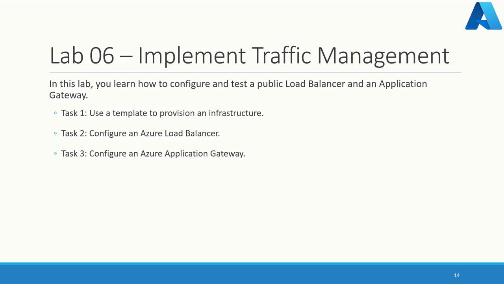For example, by now you should know how to create a virtual machine. By now you should know how to create a virtual network. You should know how to connect your virtual machine to the virtual network. You should know how to assign an IP address. And also, your virtual network has only one subnet by default, but you can add multiple subnets. By now you should know how to create or provision an NSG.